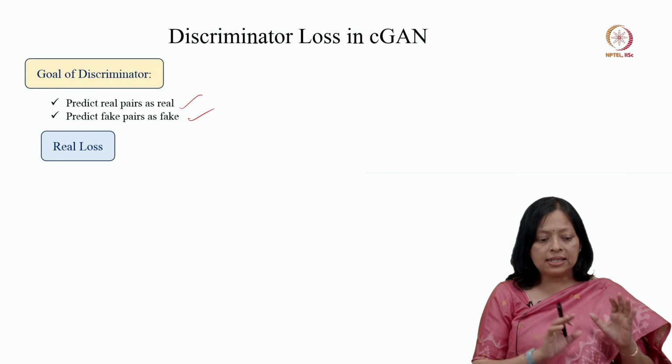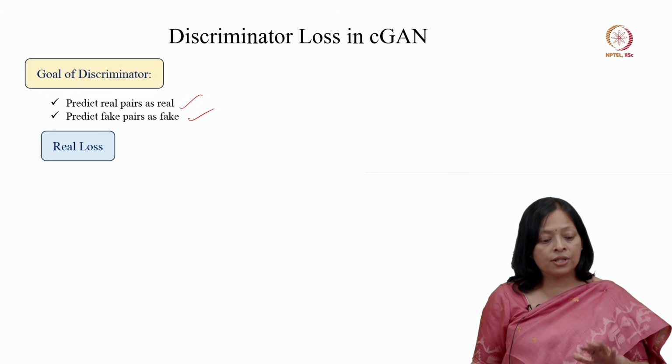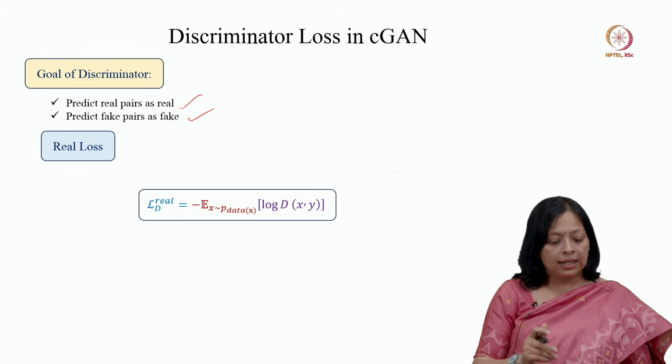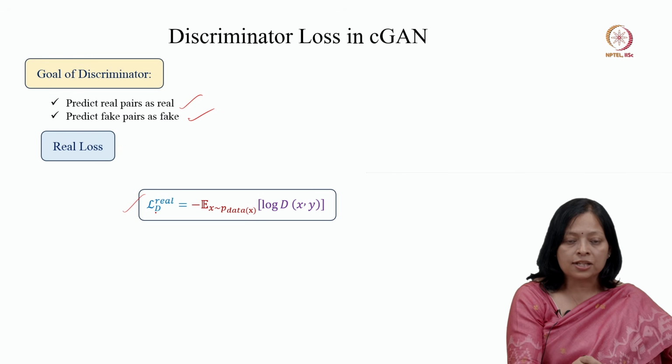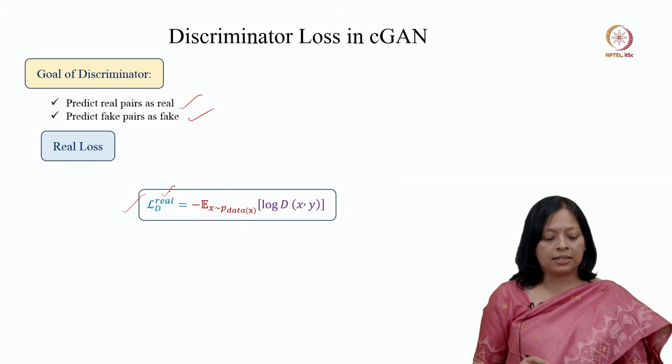Now, the discriminator has two losses. The first one is the real loss. We will see what this real loss is. The real loss is given mathematically. This is L for loss, D stands for the discriminator, and this is the real loss coming from the discriminator.